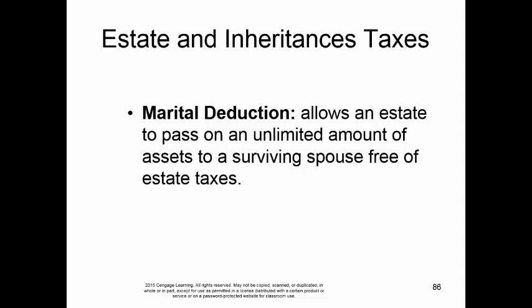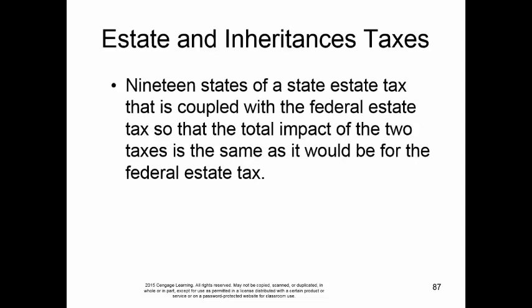Marital deduction allows the estate to pass an unlimited amount of assets to a surviving spouse free of estate taxes. 19 states have an estate tax that is coupled with the federal estate tax, so it doesn't impact the amount of tax paid.